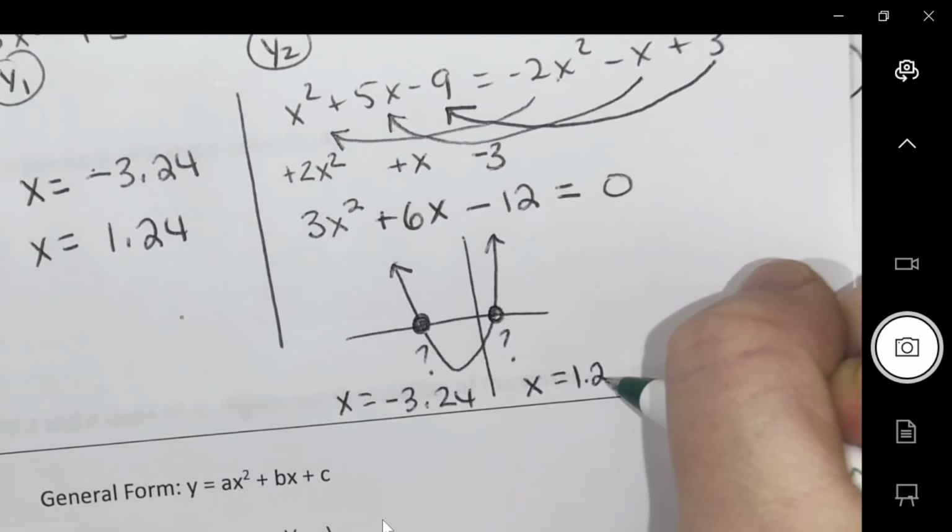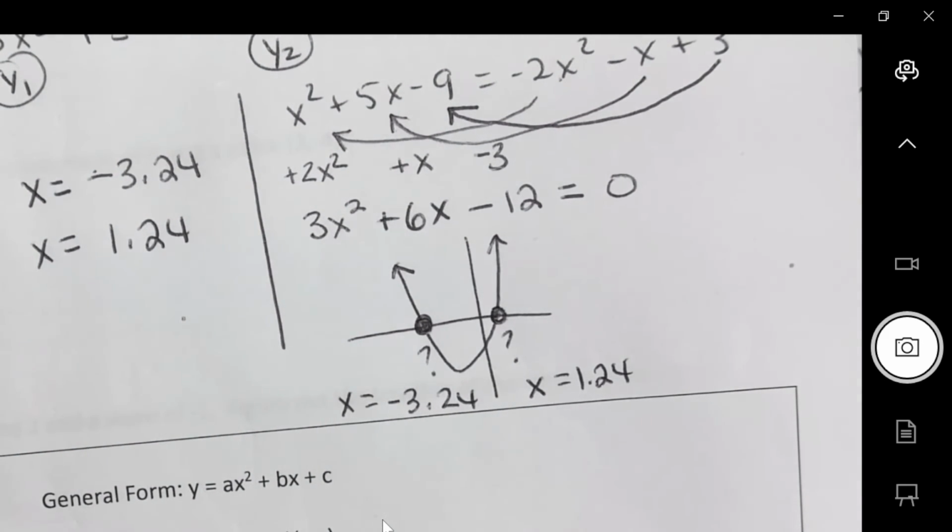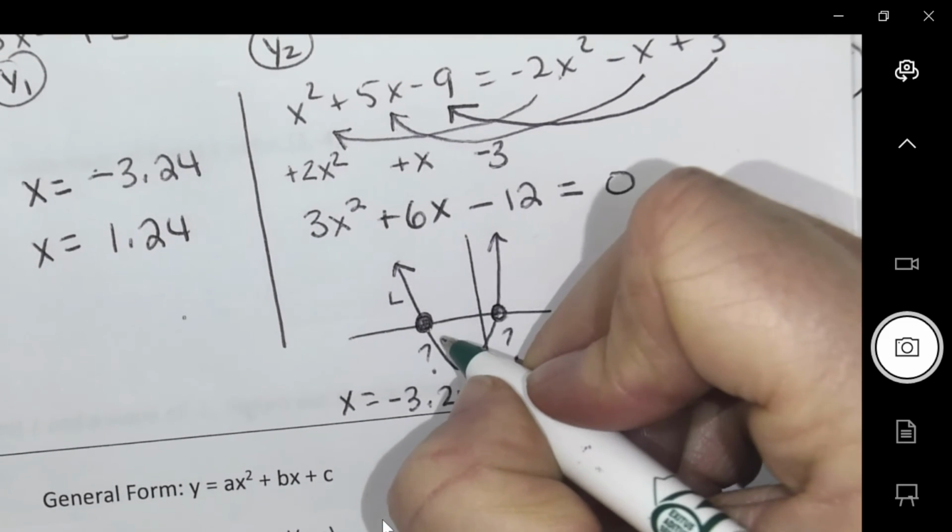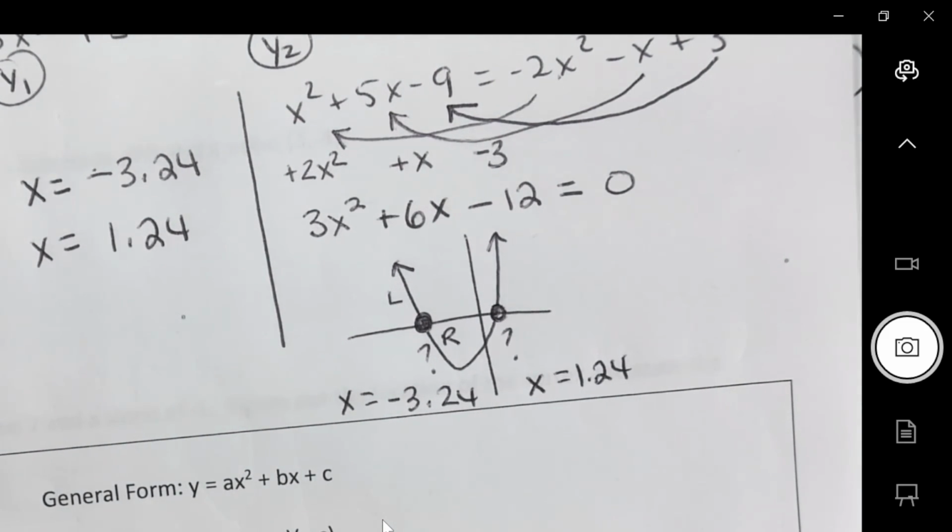Do you notice anything connecting? Wait, how do we find that one? Second, calculate the 0. And then you've got to put your mouse left, enter, right, enter. Did you get the same numbers as the other part?